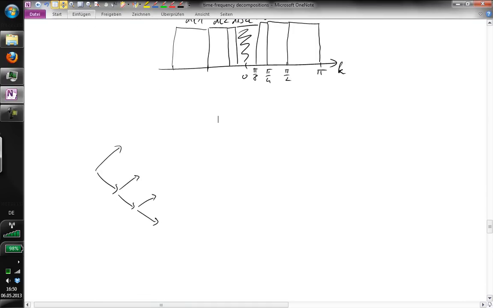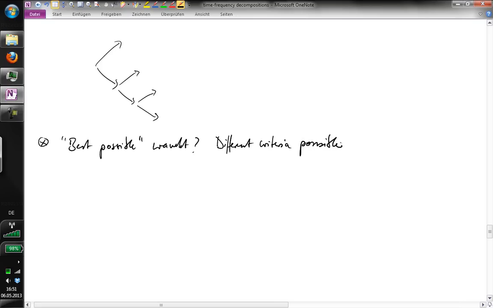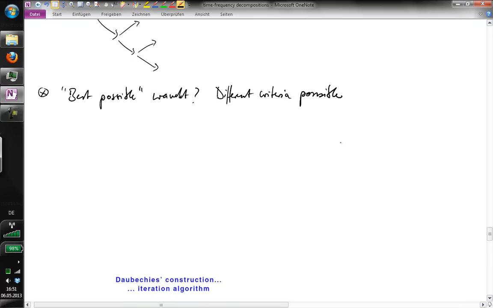So you could ask, what is the best possible wavelet? And now beauty lies in the eye of the beholder, because there are many different criteria possible for what it means to be best. But one good candidate are the Daubechies wavelets.